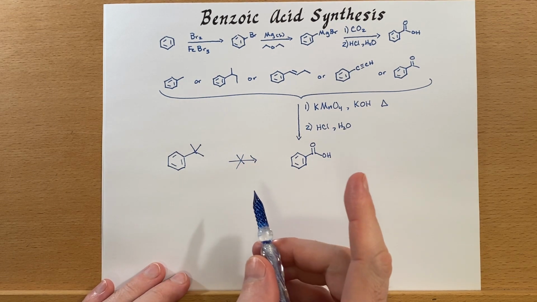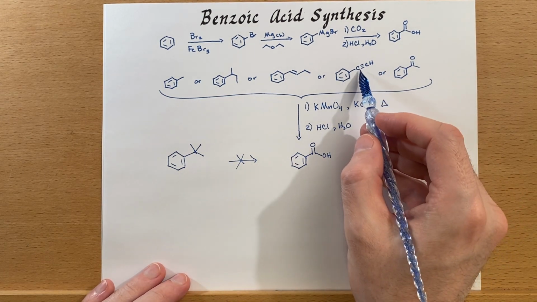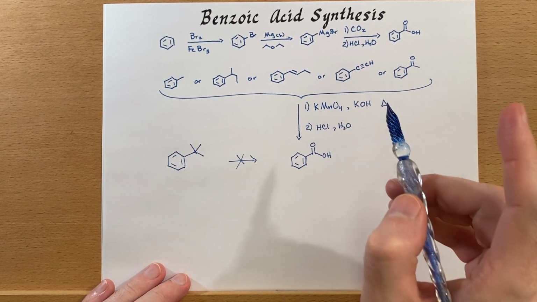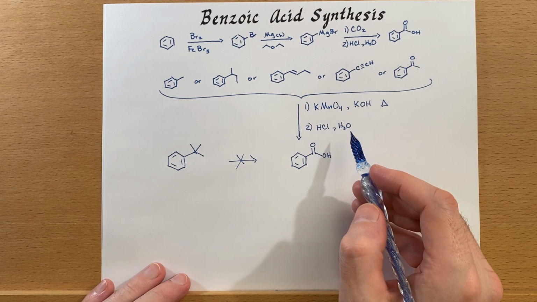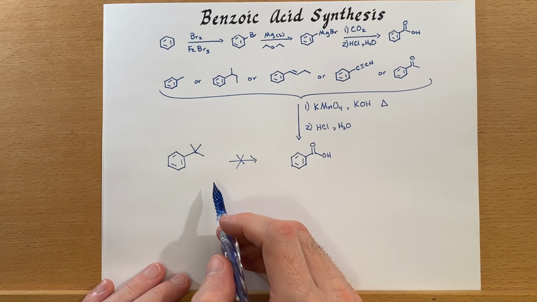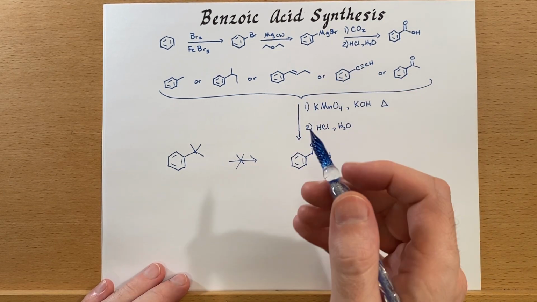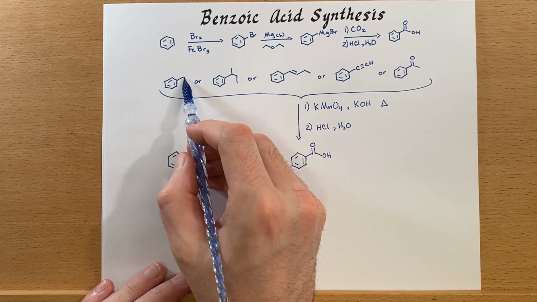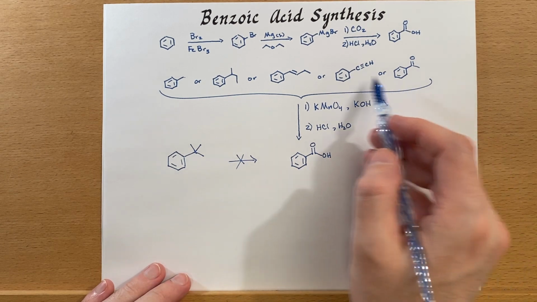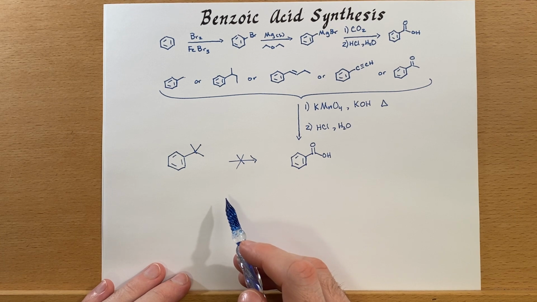We need a hydrogen on the carbon, or, and you might say, there's no hydrogen on this carbon, there's no hydrogen on that carbon, or we need a pi bond, and both of these have a pi bond on them. This one does as well, and it also has a hydrogen there. So if we have hydrogens or pi bonds, we will be able to oxidize those molecules into the carboxylic acid.